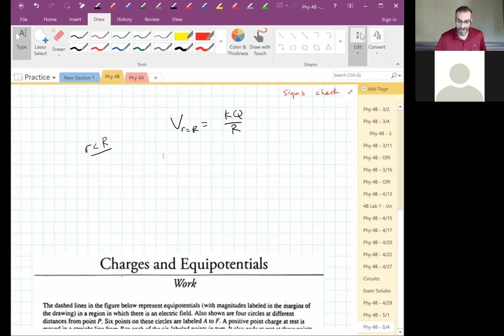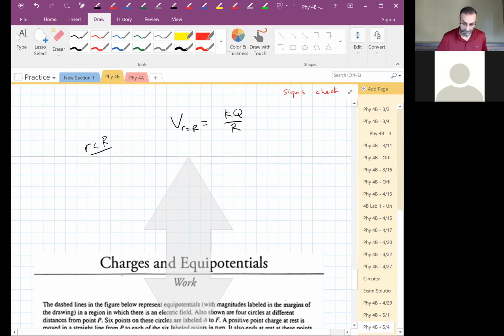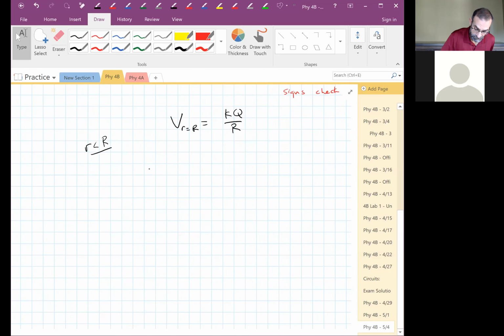We have a charge distribution. We're going to start here. This is our initial. We're going to end up at any arbitrary R, going in this direction, right?